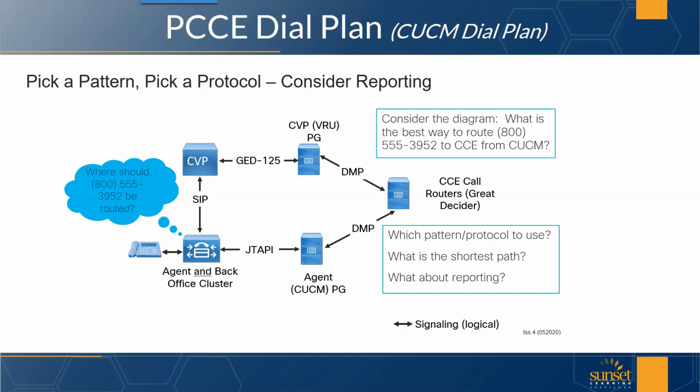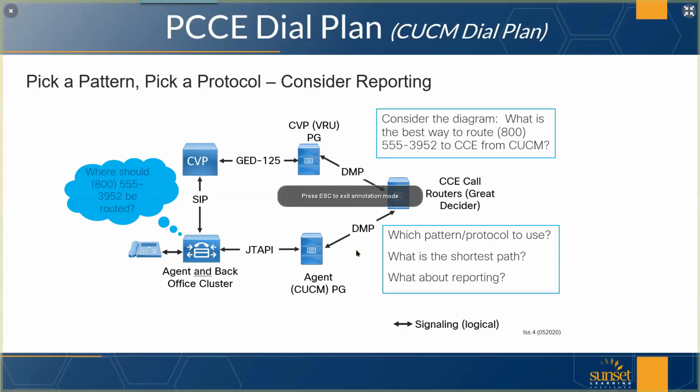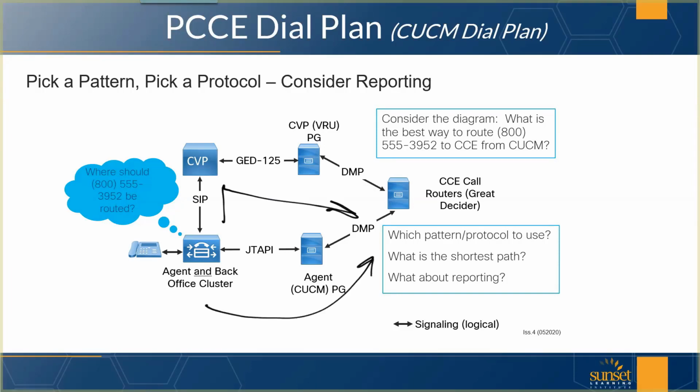Let's say you have an agent here who wants to deliver an 800-555-3952 call into ICM. There are two ways to get there. I could have Call Manager deliver up a SIP trunk via CVP to Call Manager to ICM, or I could go straight via the JTAPI protocol into ICM.